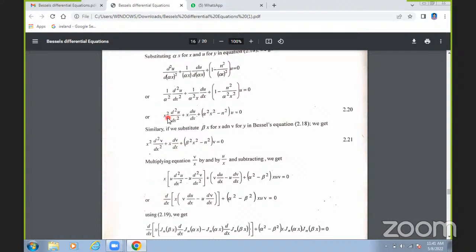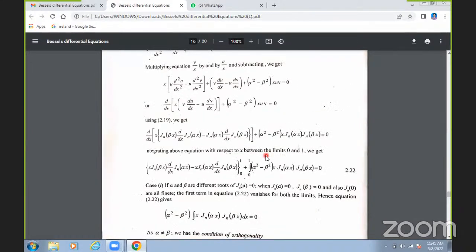Here x will get cancelled, so only x into d square u by dx square into v will remain. Here we have du by dx into v. You are going to get another term here, and again if you multiply the other equation with u by x, here also x will get cancelled. Finally we subtract these equations, and we are going to get this equation.